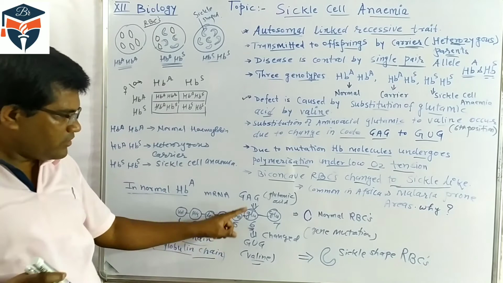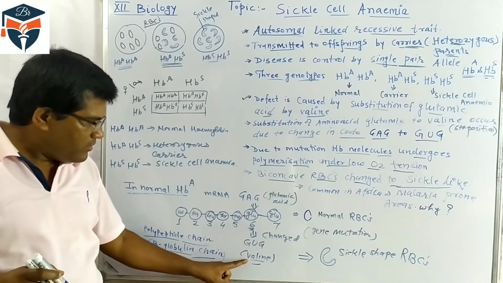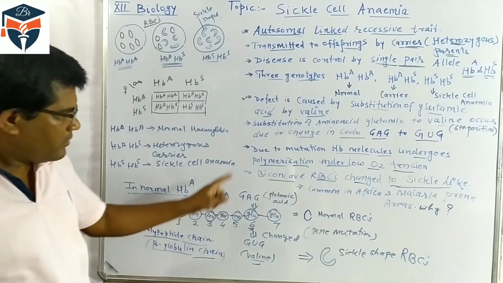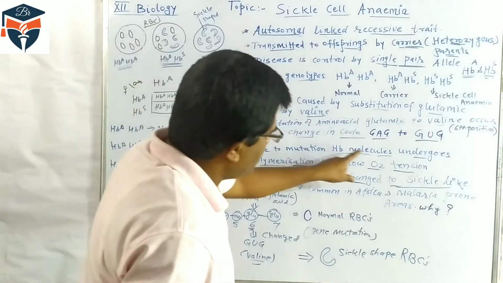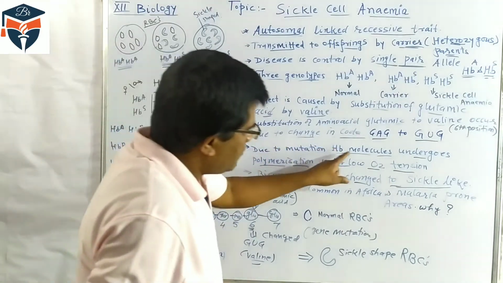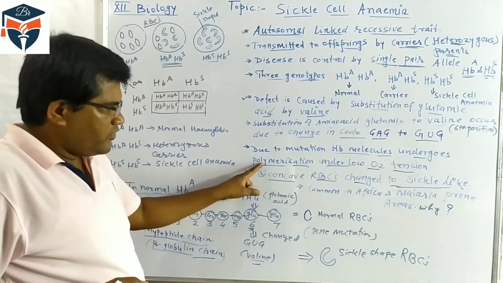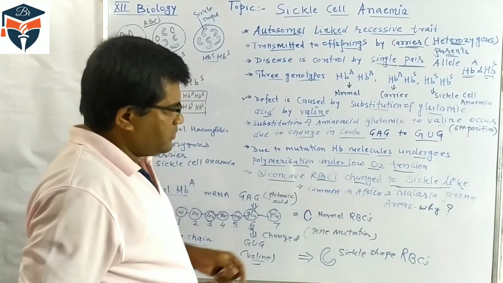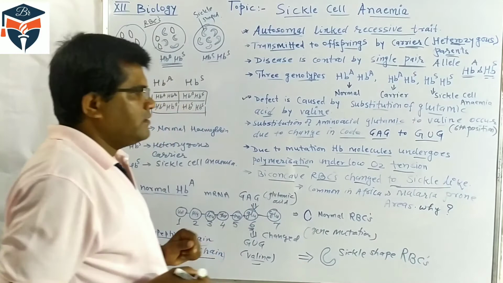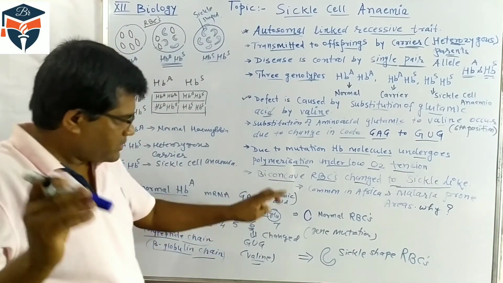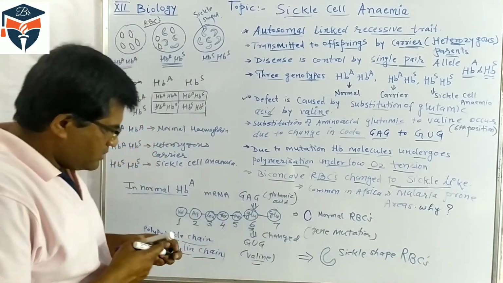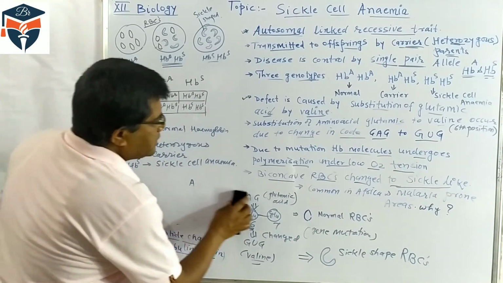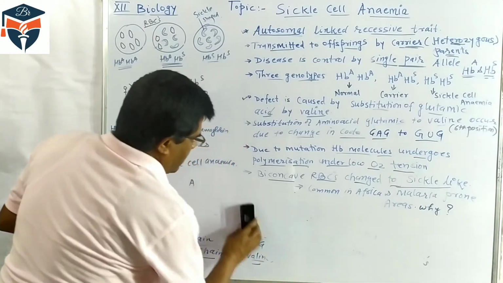So on the 6th position glutamic acid is replaced by valine because GAG changed to GUG, and due to polymerization under low oxygen tension the biconcave RBC changes to a sickle cell-like structure.